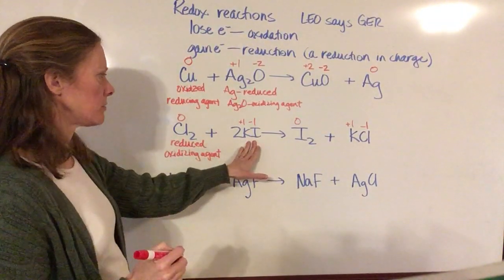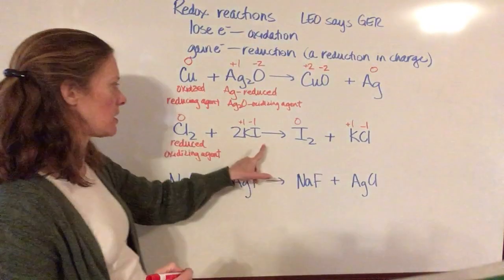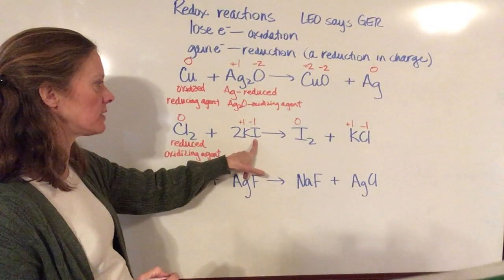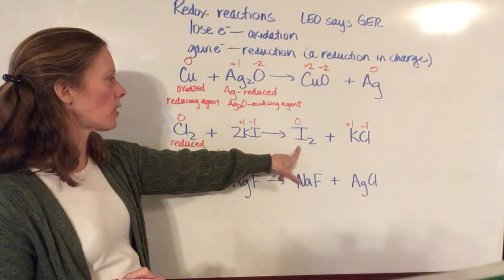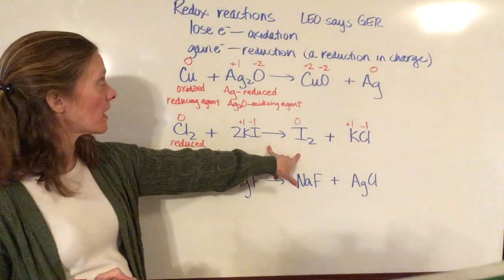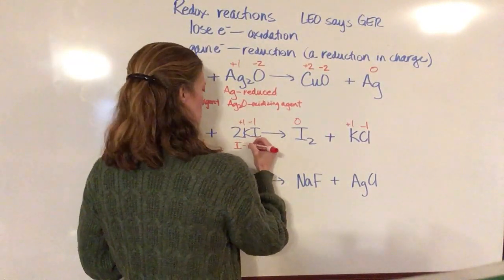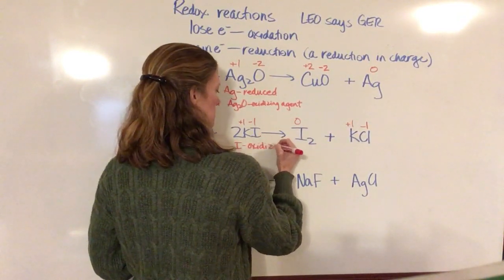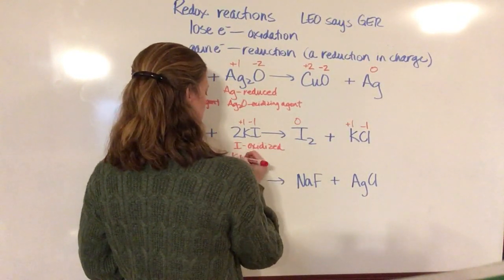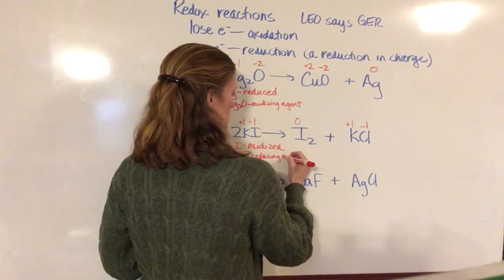In this compound, the potassium stayed the same on both sides, so it wasn't changed, but the iodine went from a -1 here to a 0 here. Its charge actually went up, which means it lost electrons. So the iodine was oxidized, and so that means that the KI is the reducing agent.